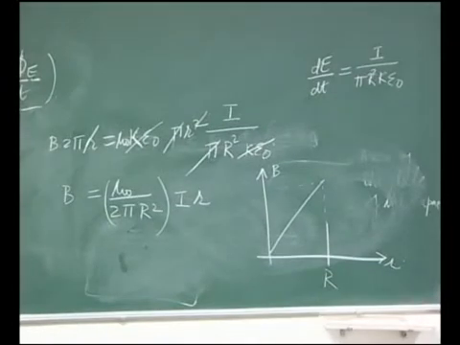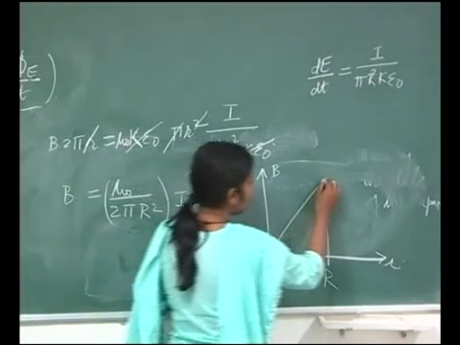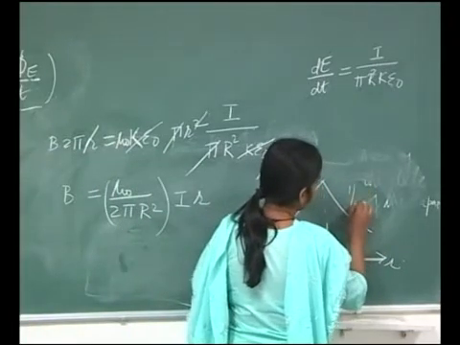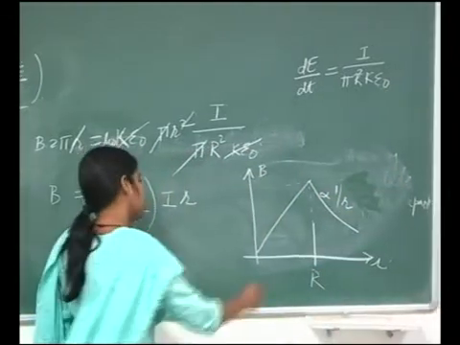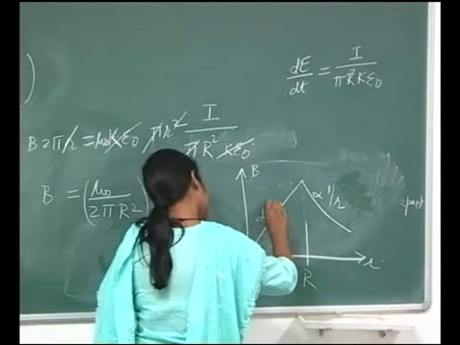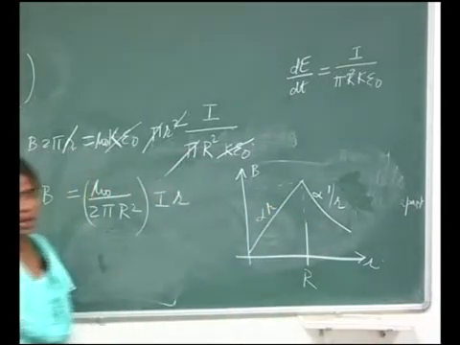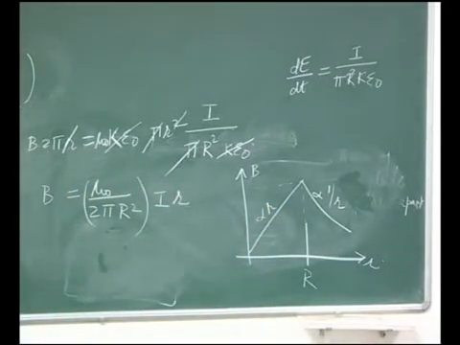But after point R, it will fall by 1 by r. So this is proportional to r and this is proportional to 1 by r. Okay? Is it clear?